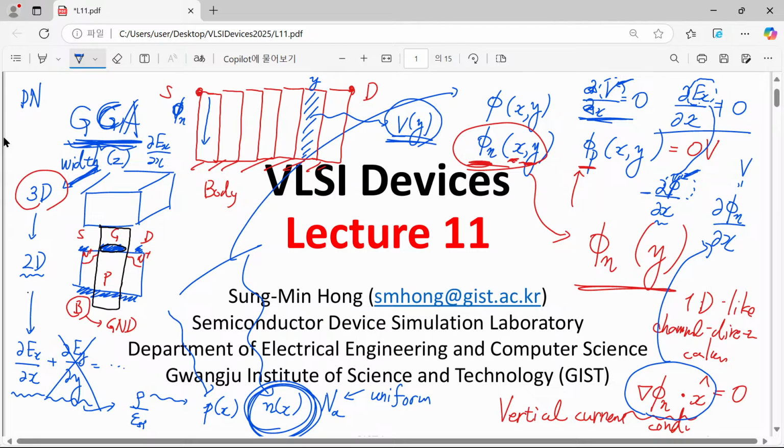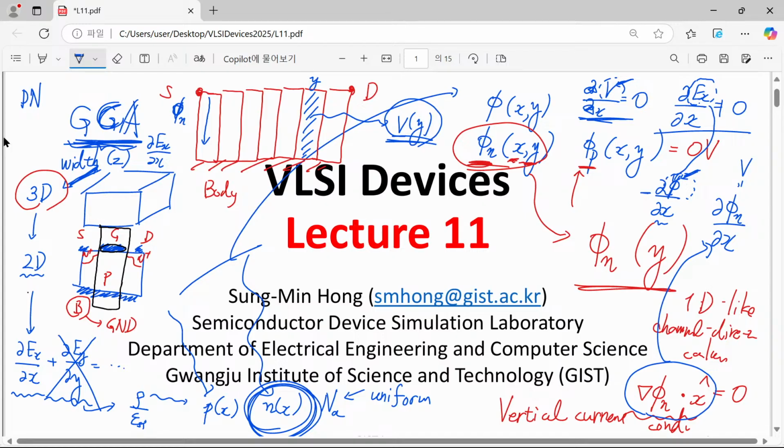Please review that part. Seemingly both of them are called potential, electrostatic potential and electron quasi-Fermi potential, and look quite similar, however they are completely different, so you have to understand their difference clearly. Okay, good question. And any other question for reviewing our previous lecture?